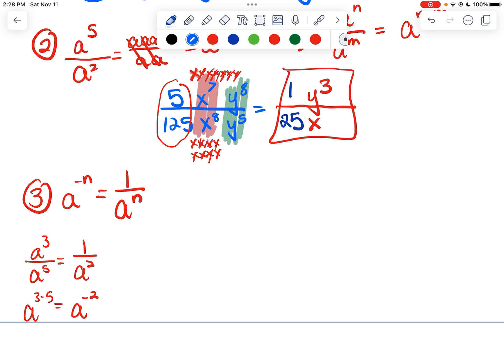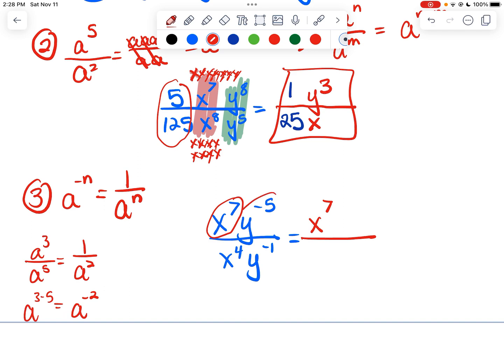We're just going to look at a more complex one. If we had x to the 7th, y to the negative 5th over x to the 4th, y to the negative 1. I always look at this: x to the 7th is positive, so that's going to stay. Y to the negative 5th is a negative exponent, so I'm going to flip what side of the fraction it's on.